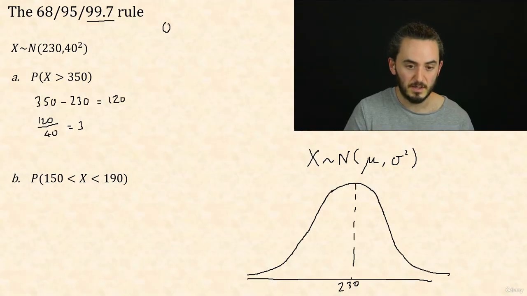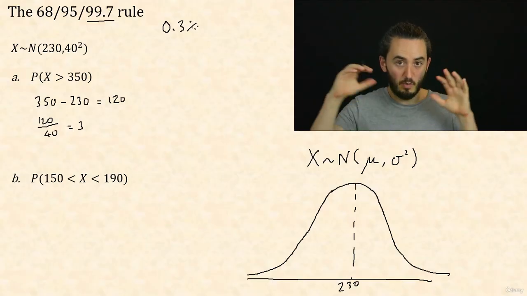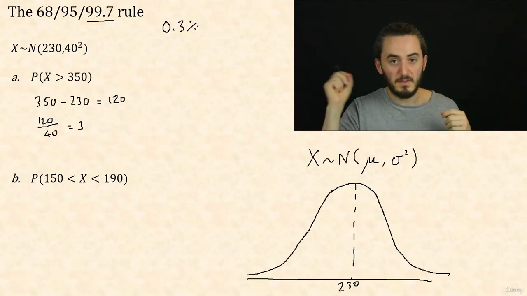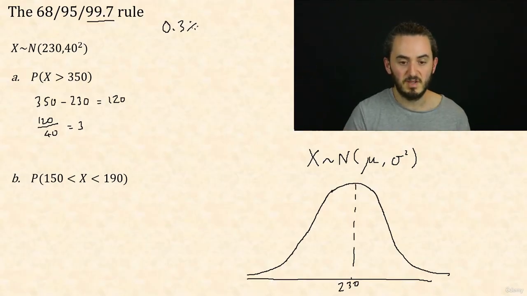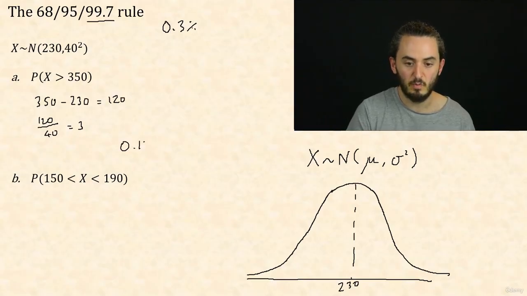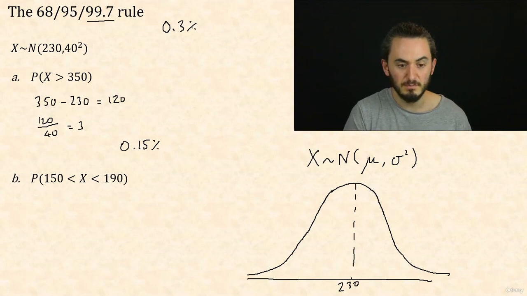So that means that 0.3% is more than 3 standard deviations away from the mean. Half of that's on the left, half of that's on the right, which means that half of this, i.e. 0.15%, is the stuff which is more than 3 standard deviations above the mean, so more than 350. So that's our answer to that first one.